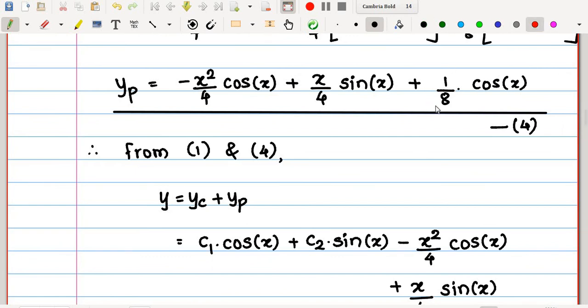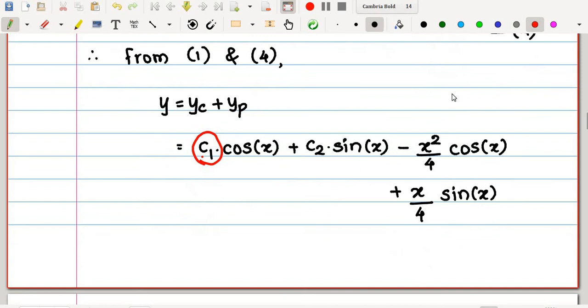Here the coefficient of cos x is c1, a constant. So we can take cos x common, and the addition of two constants, that is c1 plus 1 upon 8, is again a constant. So we can call this new constant c1 star, and therefore the required general solution will be c1 star into cos x plus c2 sin x minus x square upon 4 cos x plus x upon 4 sin x, or we can use that value 1 upon 8 times cos x.